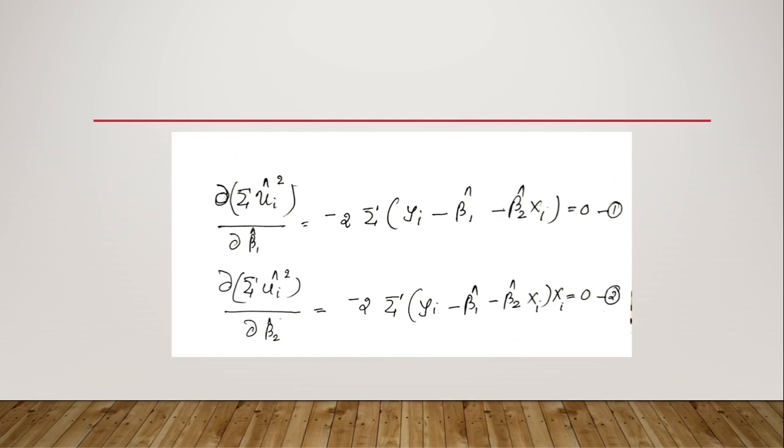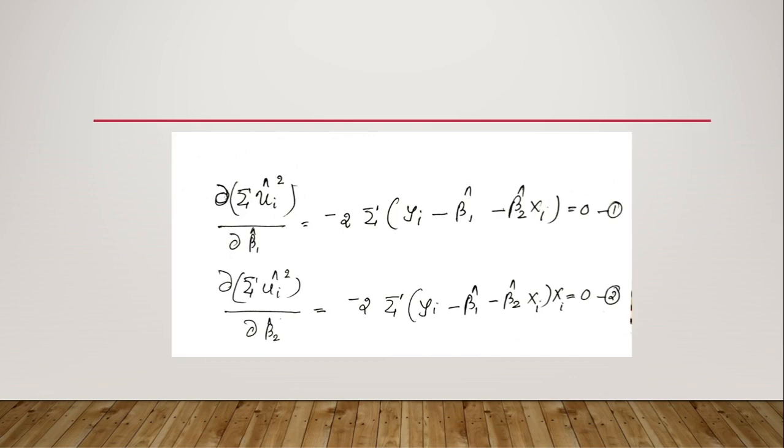So we get minus 2 into sigma (yi minus beta 1 hat minus beta 2 hat xi) is equal to 0. That is the first equation. And again minus 2 into sigma (yi minus beta 1 hat minus beta 2 hat xi) into xi is equal to 0.